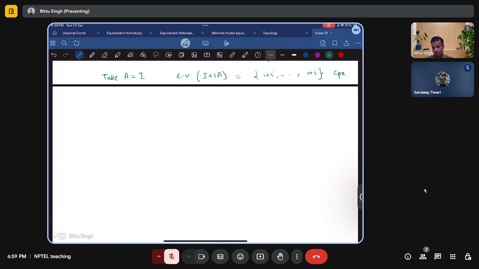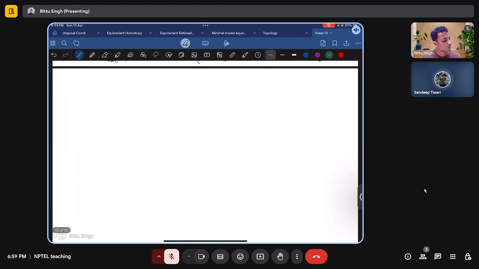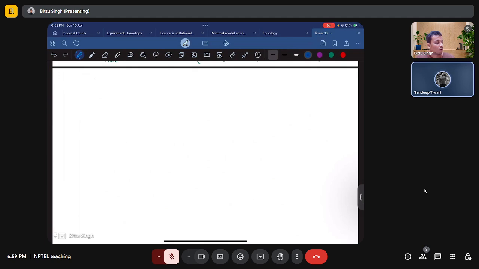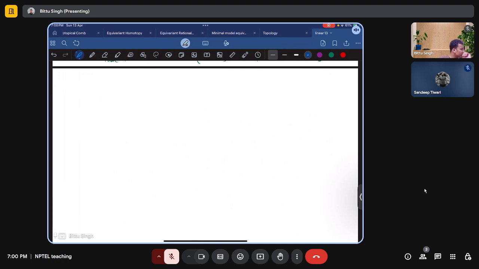Let us solve the previous day's singular value decomposition problem. Which book have you taken? The singular value decomposition is already there in Peter Lax or Peter Lay.